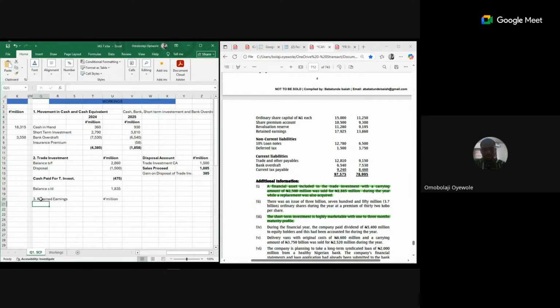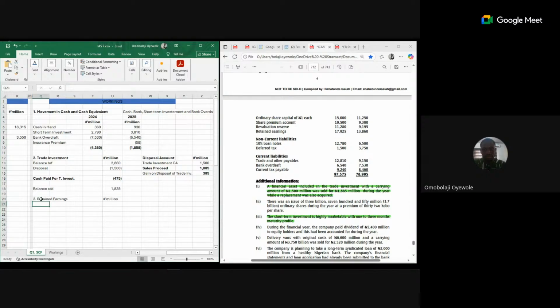The normal reserve we use to fund the issue of shares is the share premium. If we can't fund the whole shares using share premium, then we can fall back to our retained earnings to complete the funding of the share. But the first thing to always do is test your retained earnings.